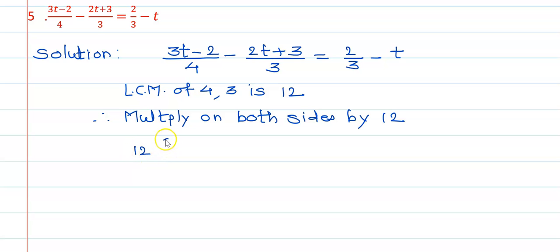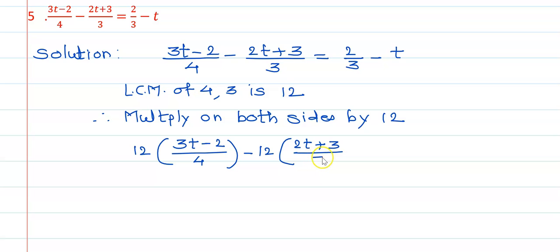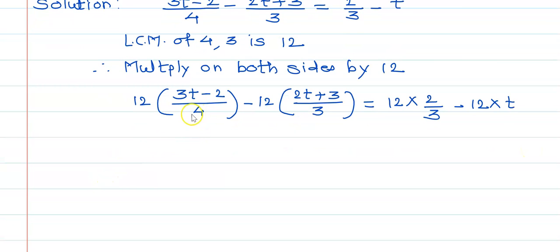That is 12 in bracket (3t minus 2) upon 4 minus 12 in bracket (2t plus 3) upon 3 is equal to 12 into 2 upon 3 minus 12 into t.